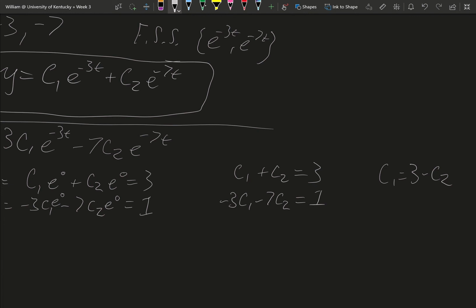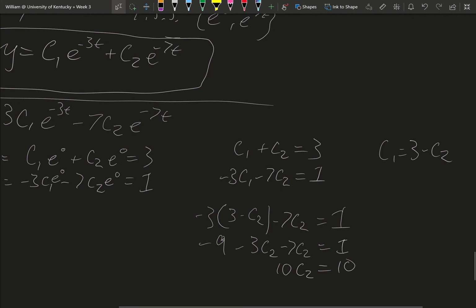And we'll plug that in down here: negative 3 times (3 minus c2) minus 7 c2 equals 1. Negative 9 minus 3 c2 minus 7 c2 equals 1, or 10 c2 equals 10. So c2 equals 1, and back here we get c1 is 3 minus 1, so that's 2. I'm sorry, not c2, c1.